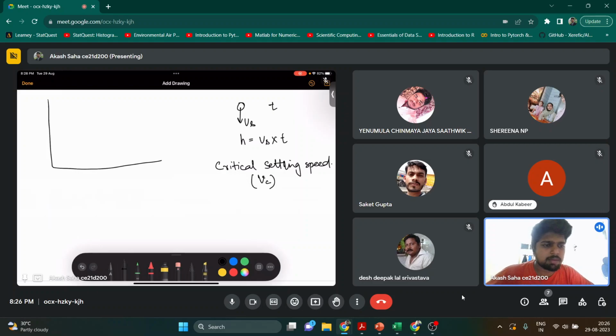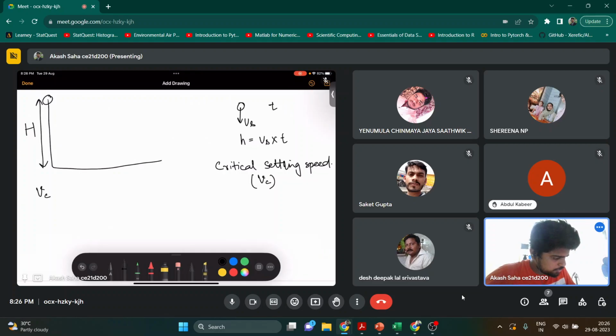My aim is to remove 100% of 0.2 mm size particles. So for that we have to calculate the critical settling speed. Suppose this height is h and the particle is here.